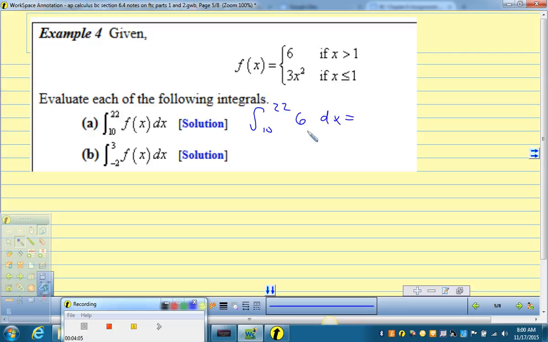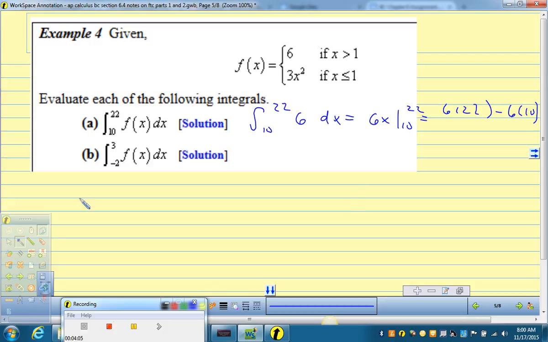And the antiderivative of 6 is? 6x. To be evaluated between 10 and 22. So we get 6 times 22 minus 6 times 10. Basically, we're finding the area under a constant, we're finding the area of a rectangle, correct?